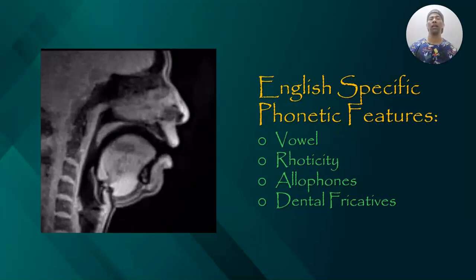So we're going to see examples with K, T and P sounds. Then dental fricatives is the particular sound of th, or the, that we find in specific words when using phonetics.